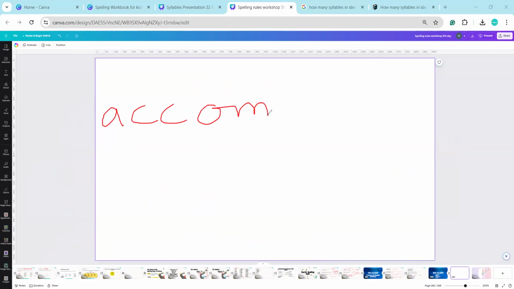Okay, the question was something like this, that rabbit rule, for how many syllables? Just a minute. Let me clear it. Accommodation. Rabbit rule says that if you have a two-syllable word, write the word summer.